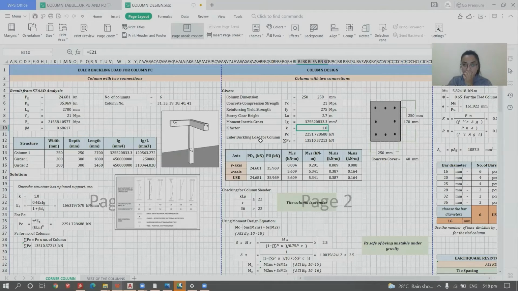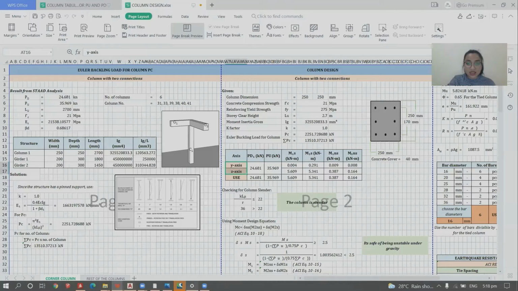And the Euler buckling load for column, and total Euler buckling load for all of the corner columns, we just multiply it by 6. And then we have here the x-axis and the y-axis.